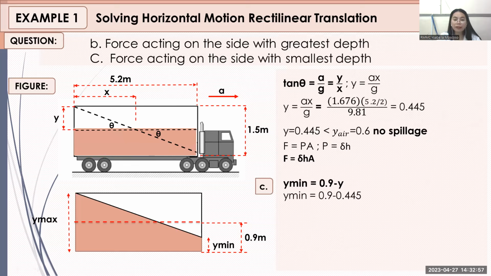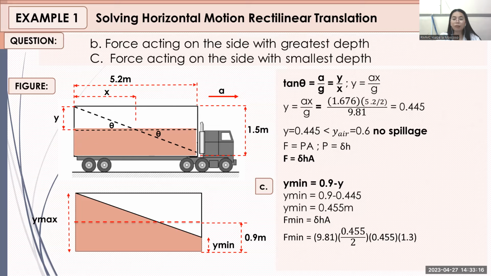So that is 0.9 minus 0.445, and that is 0.455 meters. So to get the minimum hydrostatic force from the smallest depth, that would be 9.81 times 0.455 divided by 2 times 0.455 times 1.3. And that is 1.32 kilonewton. So hindi ko na i-prove dito yung ating unit.